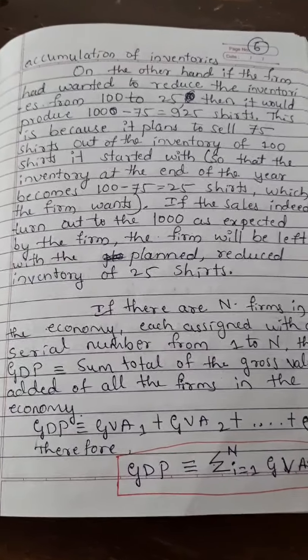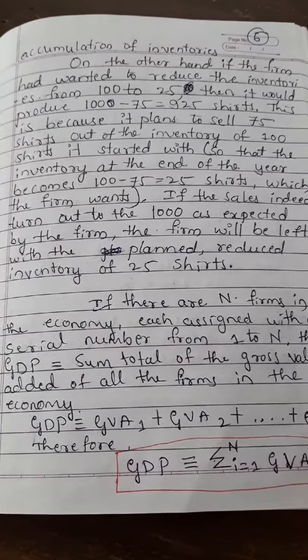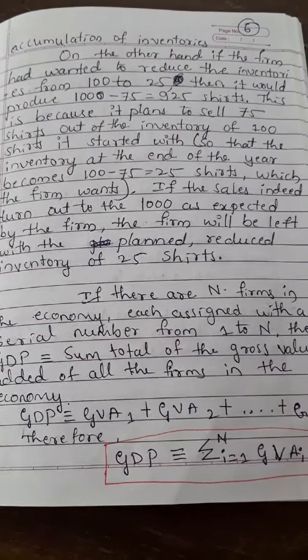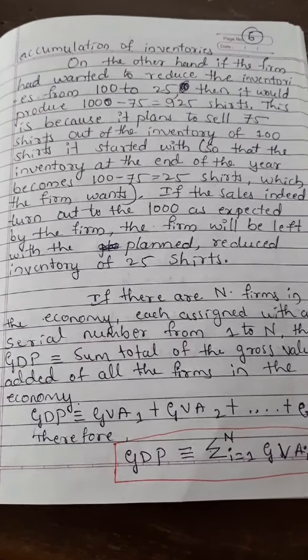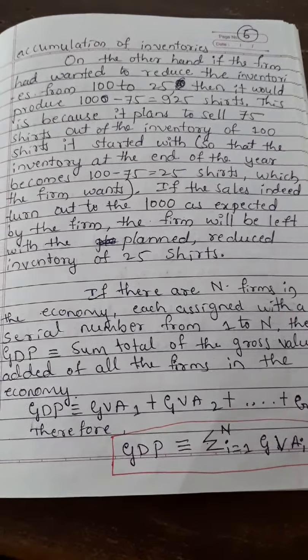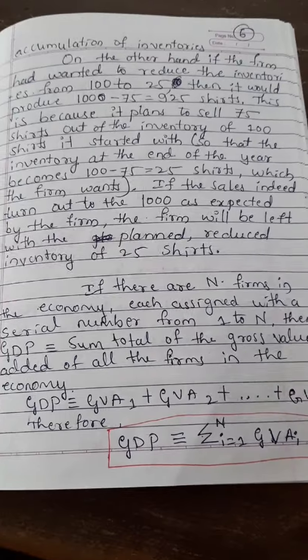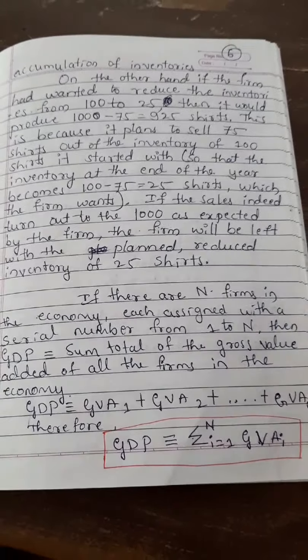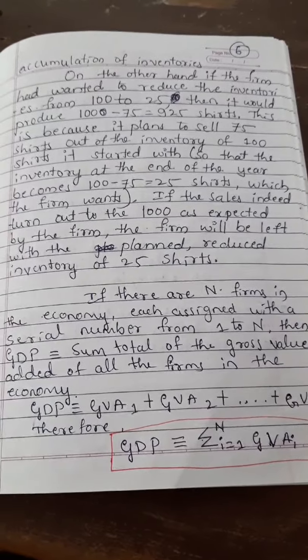This is because it plans to sell 75 shirts out of the inventory of 100 shirts it started with, so that the inventories at the end of the year become 100 minus 75, 25 shirts only. It means less inventories, which is the planned decumulation, and which is what the firm wants.